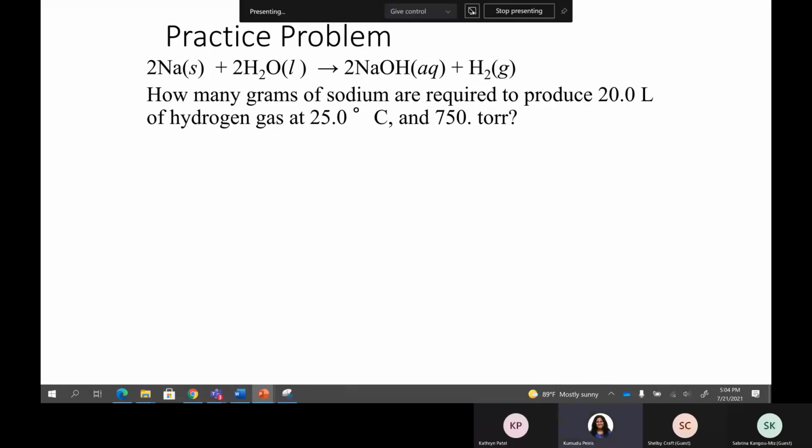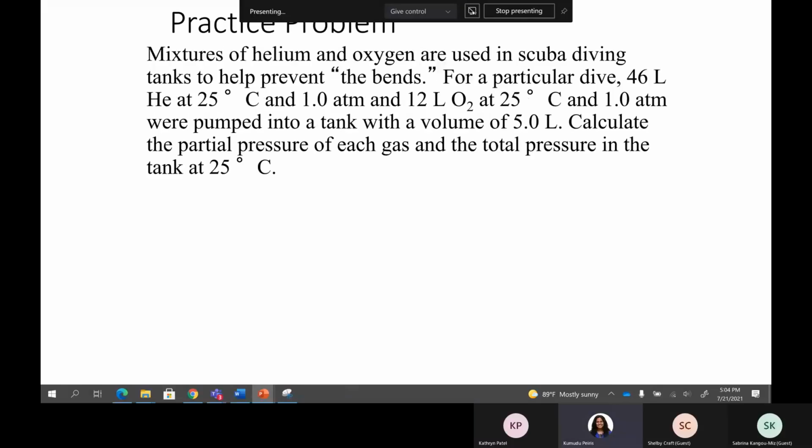Here again, it would be the same thing. Here I just wanted to do this one, Dalton's partial pressure law. Mixtures of helium and oxygen are used in scuba diving tanks to help prevent the bends.